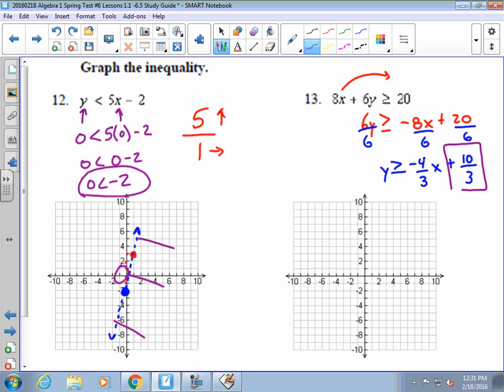So you begin on your y-axis at your y-intercept 3 and 1/3. 1, 2, 3, and about 1/3. So right above 3, but not quite to halfway.